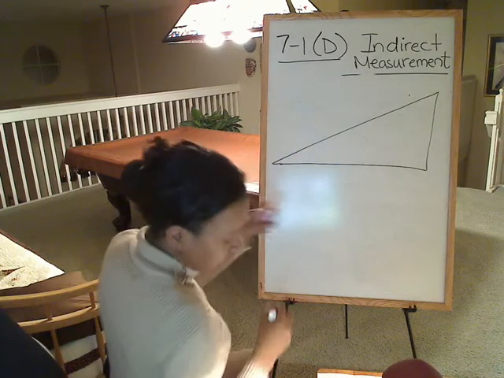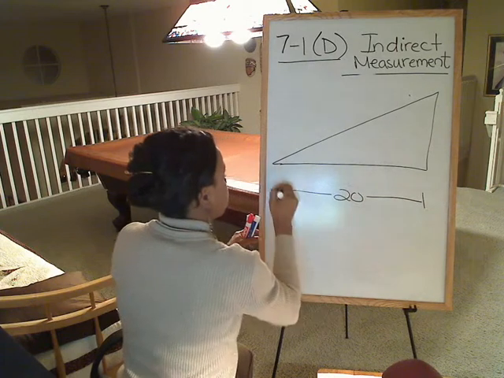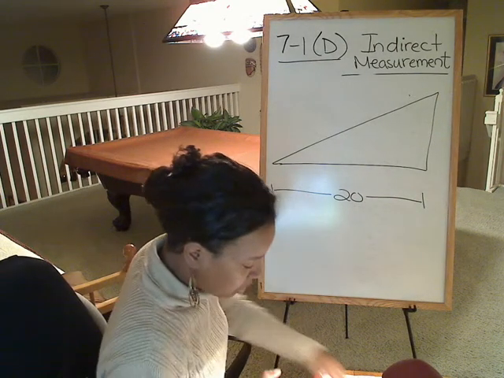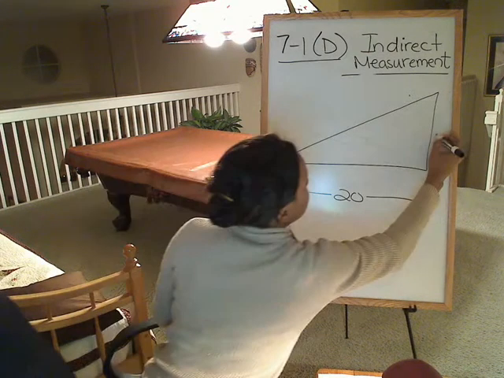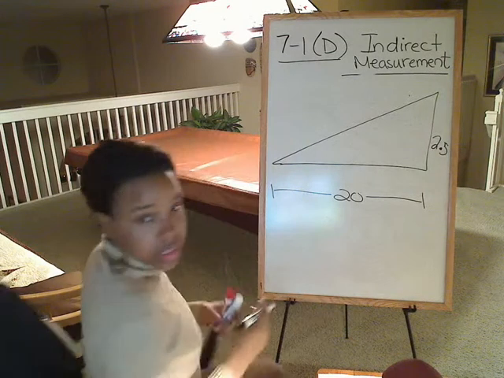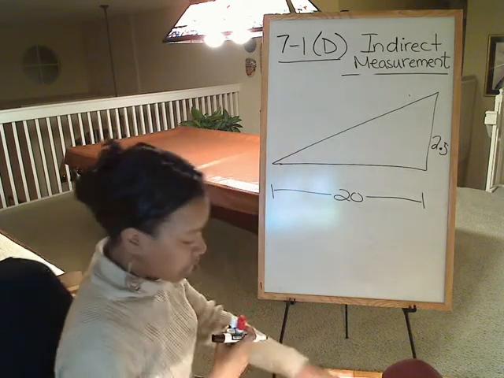The length of the big triangle is 20. The height of the big triangle is 2.5. Okay, I kind of ran out of space over there. And the height of the little triangle is h.